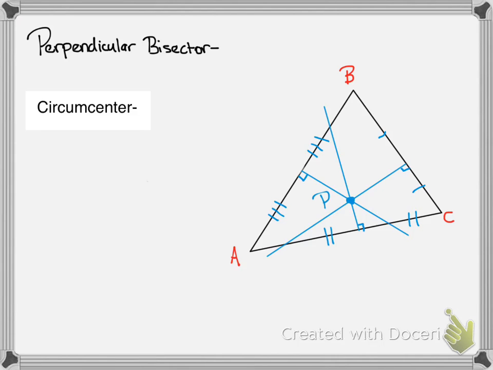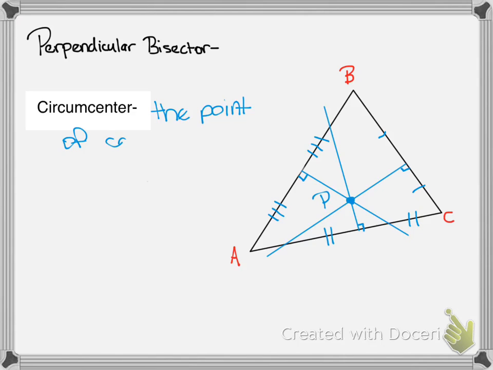So we'll call this point P. And for perpendicular bisectors, we call that point of concurrency the circumcenter. Okay, so the circumcenter is the point of concurrency for perpendicular bisectors.